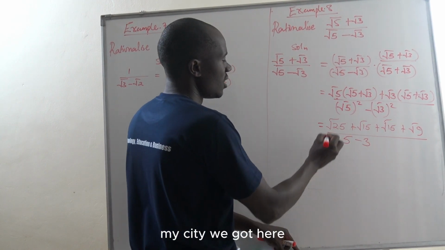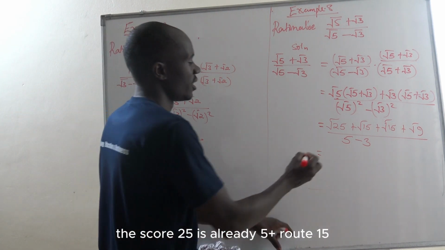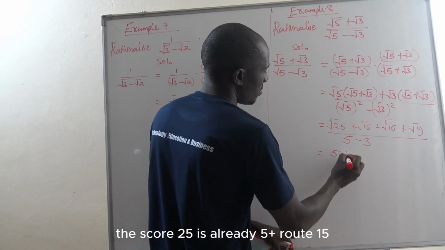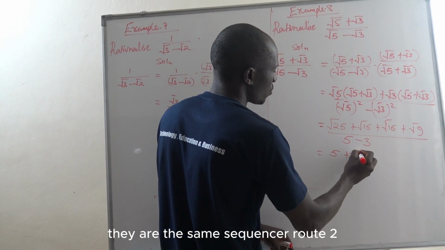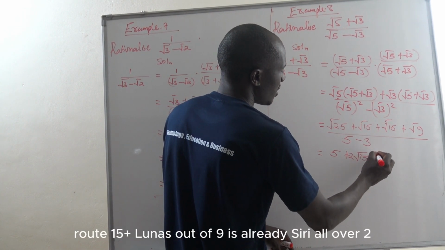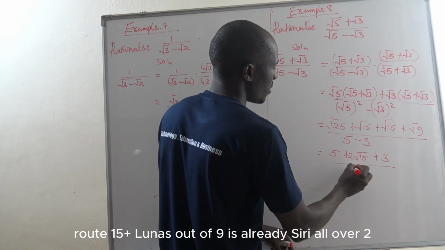We go ahead. 25 is a perfect square. The square root of 25 is already 5, plus root 15. They are the same, so you can say 2 root 15, plus the square root of 9 is already 3, all over 2.